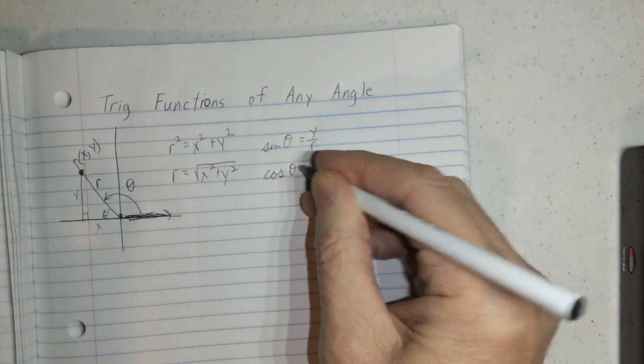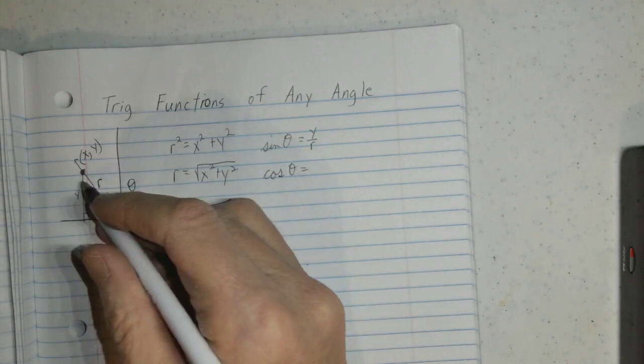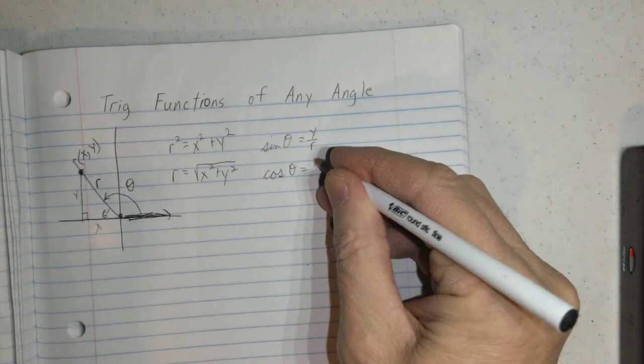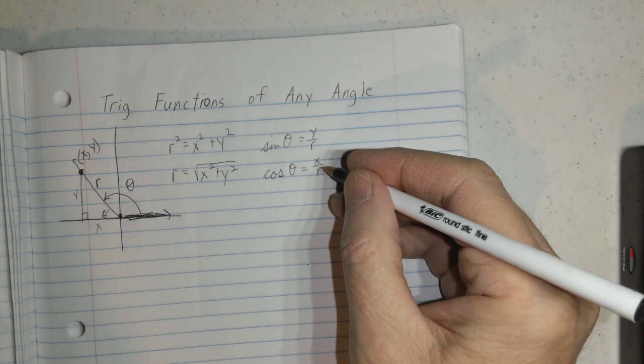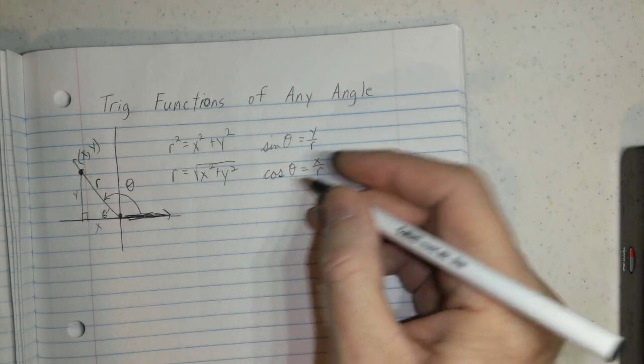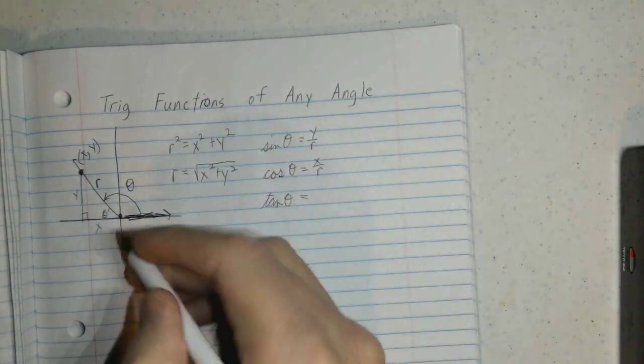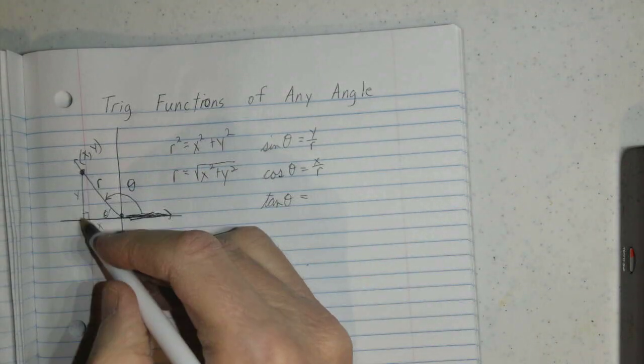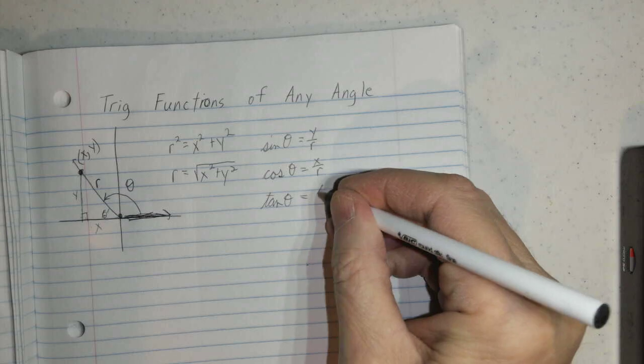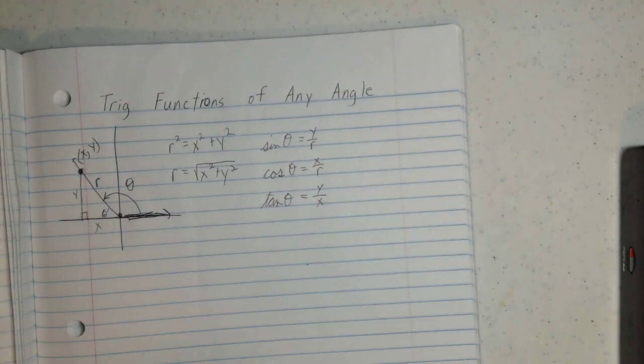The cosine of theta is the adjacent over the hypotenuse, which is x over r. And the tangent of theta is the opposite, which is y, over the adjacent, which is x.